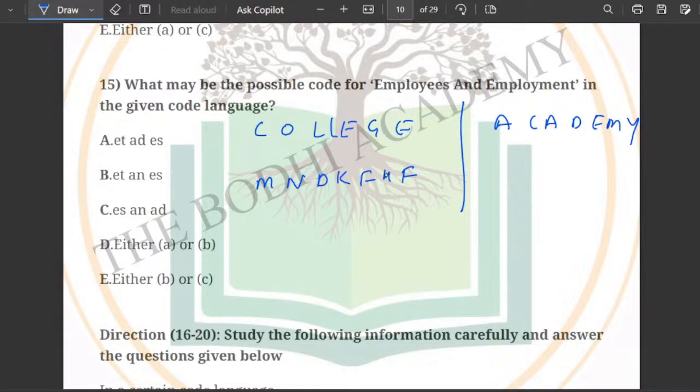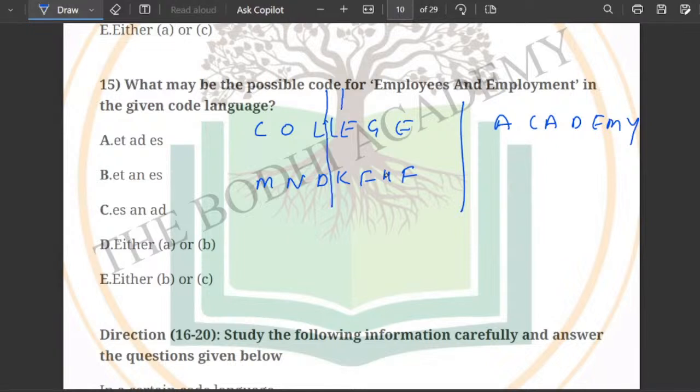See, now count the number of letters. We have COLLEGE. That means we have 7 letters, right? So one type of questions comes like 7 letters. We cannot divide from between.